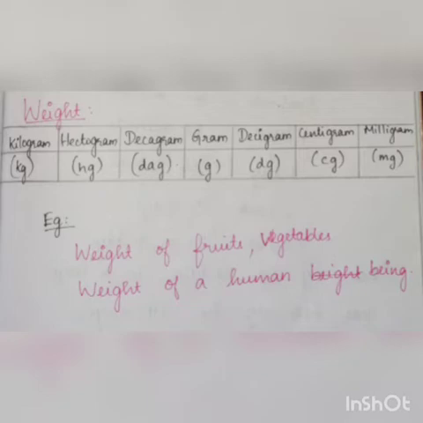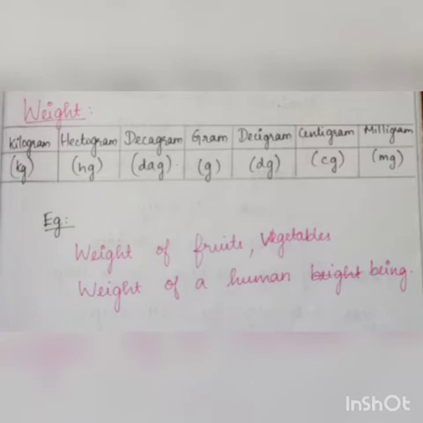Next is weight. Where will we use weight? For rice, all we measure in weight only, right? Then a packet of wheat flour or some vegetables, like that all we will measure through weight. What is our base unit? Gram.